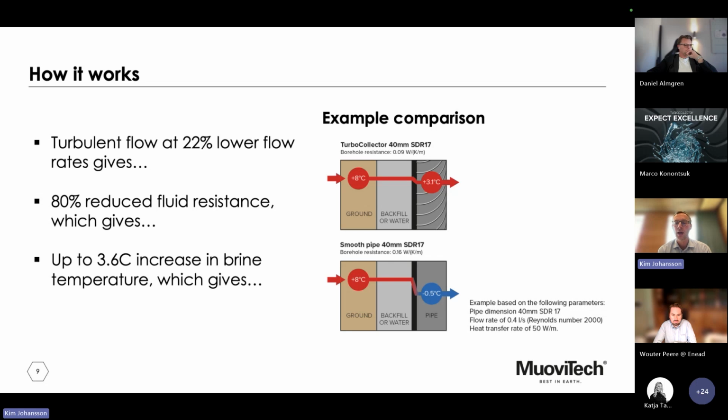We also have a heat transfer rate from the ground of 50 watts per meter of the borehole. In this case, the reduced borehole resistance would increase the temperature of the brine by as much as 3.6 degrees, which is a lot. And that will improve the overall COP of the system by about 11%.